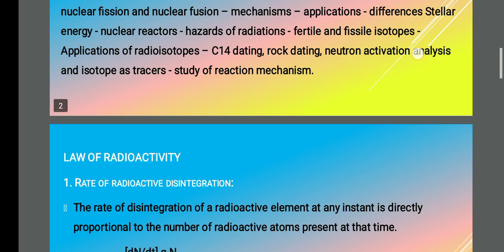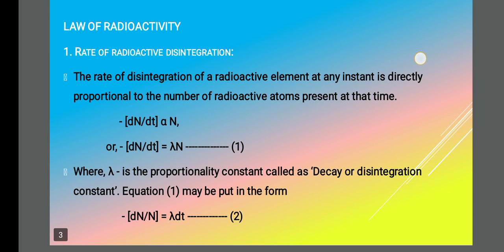I'll start with the laws of radioactivity. The first one is rate of radioactive disintegration. The rate of disintegration of a radioactive element at any instant is directly proportional to the number of radioactive atoms present at that time.